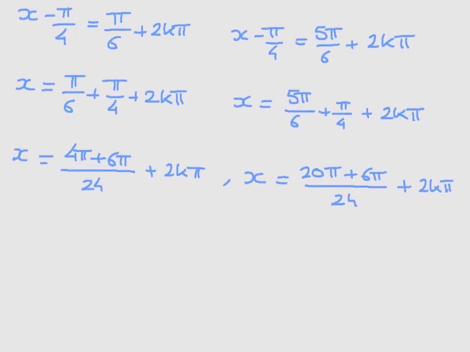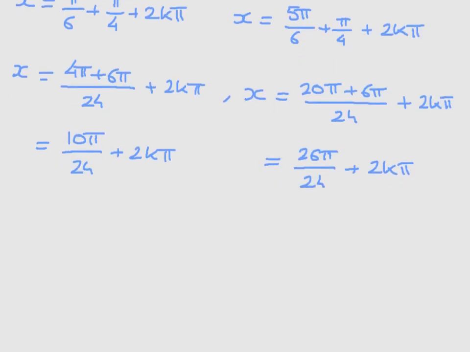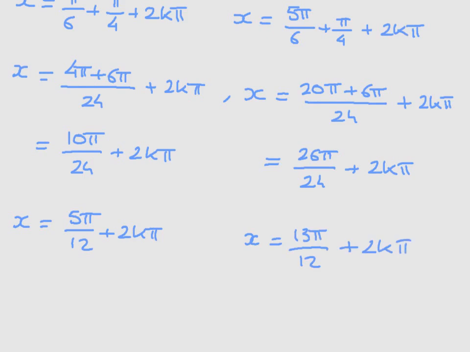We now simplify these fractions a bit. 4 pi plus 6 pi is, of course, 10 pi over 24, still adding my plus 2k pi here, never forget that. And our second equation will lead to 26 pi over 24 plus 2k pi. Finally, we simplify these fractions, leading us to x equals 5 pi over 12 plus 2k pi. And the second one will lead us to x equals 13 pi over 12 plus 2k pi. We now have our two general solutions to this equation.